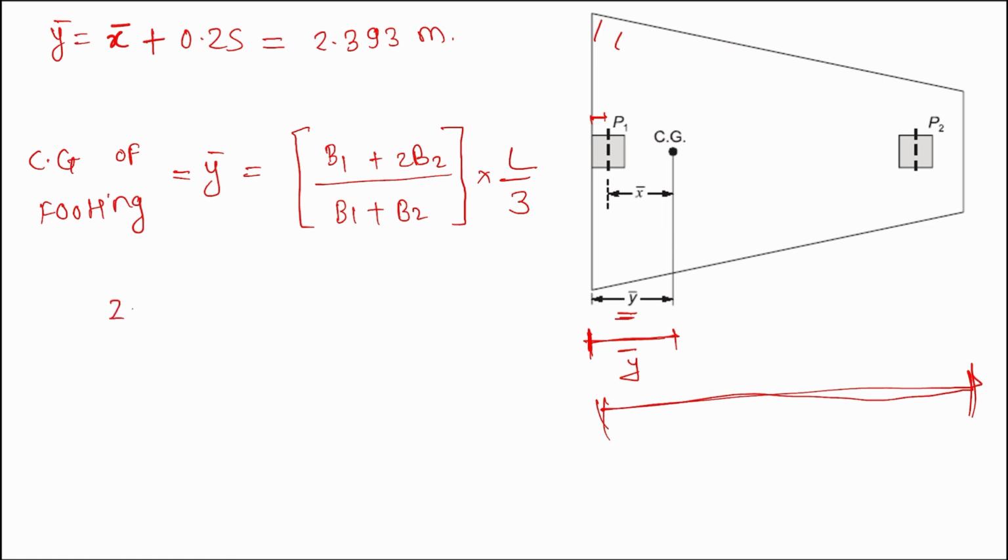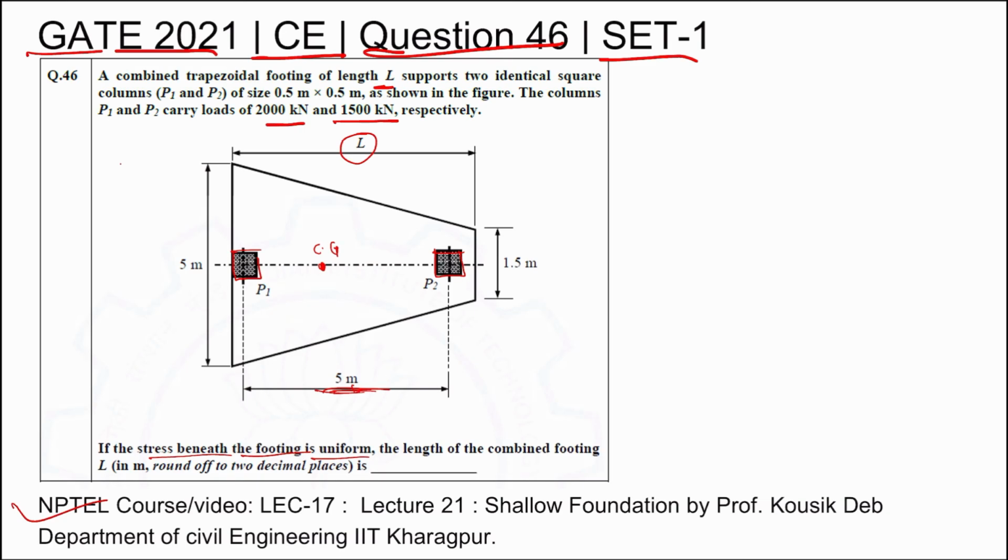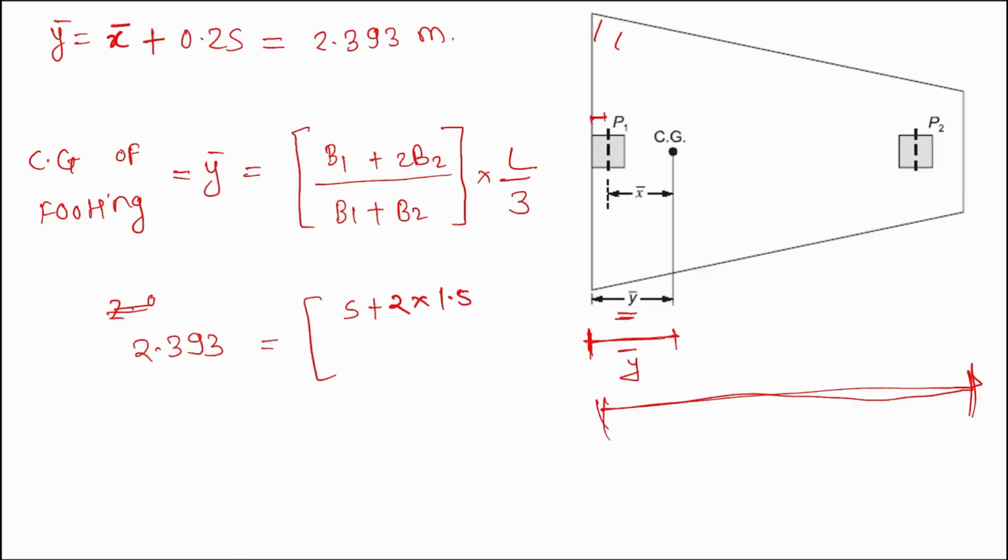So we know this y bar, 2.393, equals B1 is 5 plus twice B2 is 1.5. If you are confused about what B1 and B2 are, this is B1 and this is B2. After that, B1 plus B2, that is 5 plus 1.5, into L by 3.